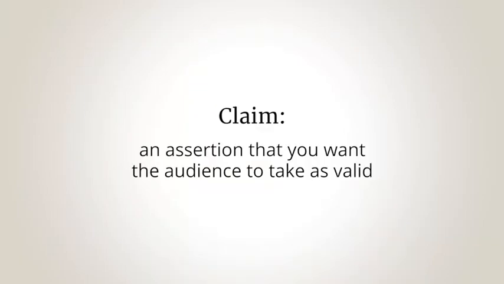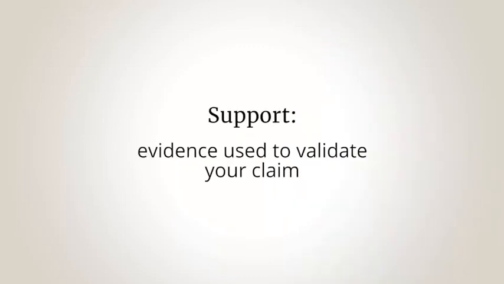So first, we have claims. Now, a claim is just an assertion that you want the audience to take as valid. So this is the thing you want the audience to remember or to understand or to believe or whatever. In a key point speech, your key points are usually claims. So we've got claims. Next, we have support. Support's just the evidence and information used to illustrate and validate the claim.